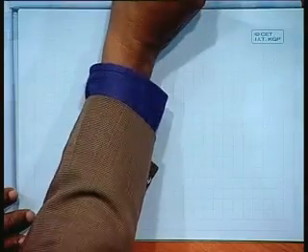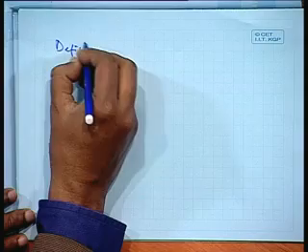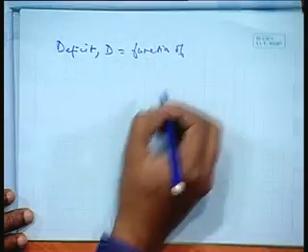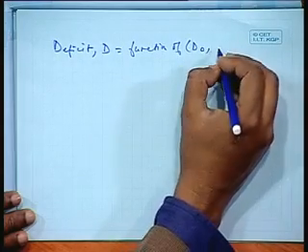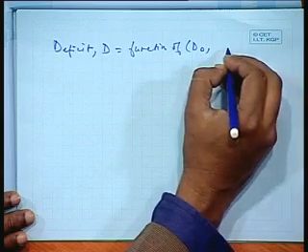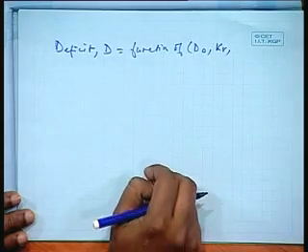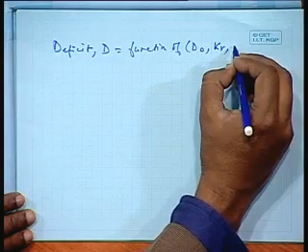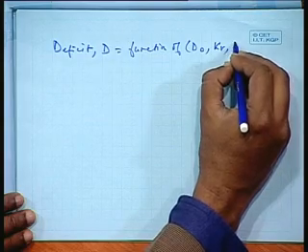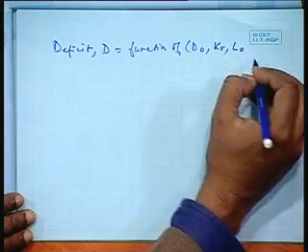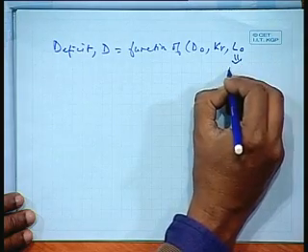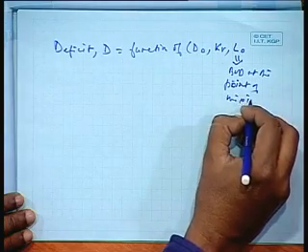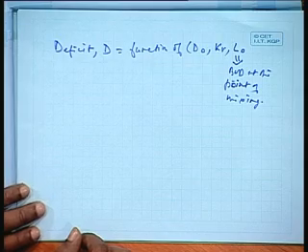Here you can see that the deficit D is a function of D0, a function of KR, which you already know, and also of the BOD of the mixture at the point of mixing.